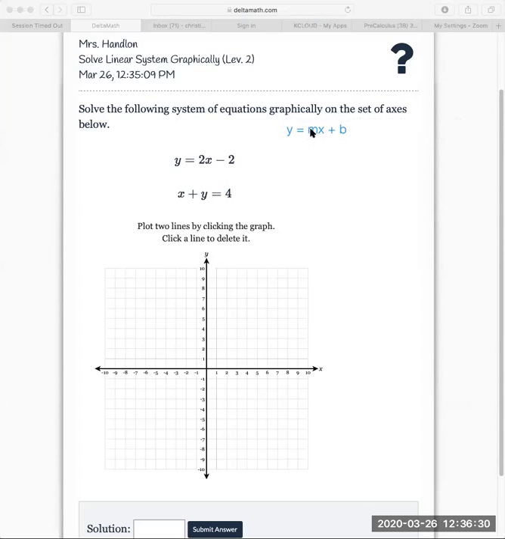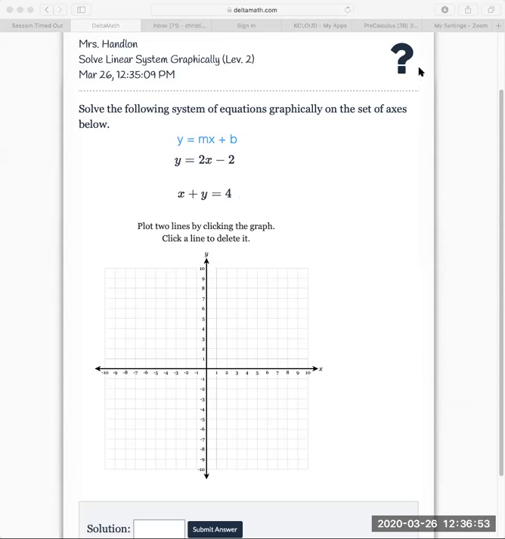We know that the m stands for the slope and the b is the y-intercept, the point that is always going to be sitting on the y-axis. So using this form of an equation, we want to figure out what the slope and the y-intercept is in this equation and what the slope and the y-intercept is in this equation.